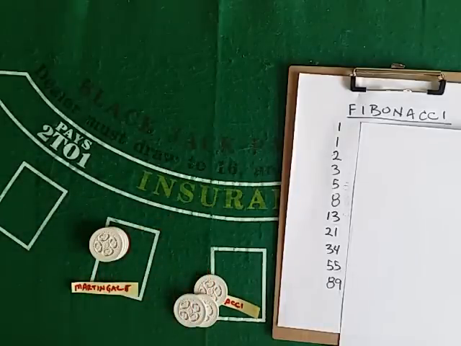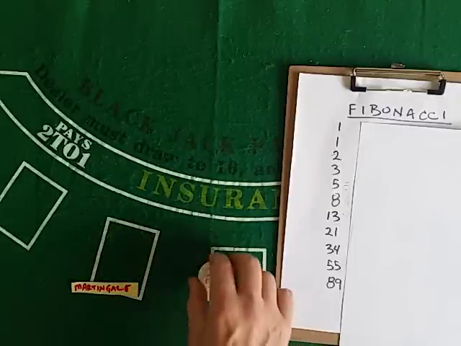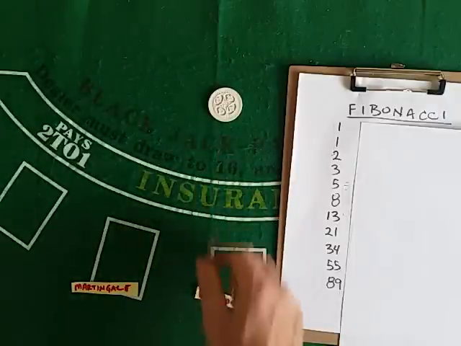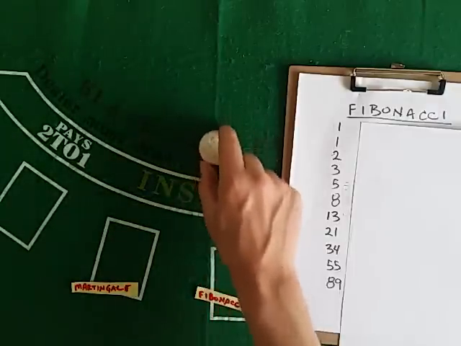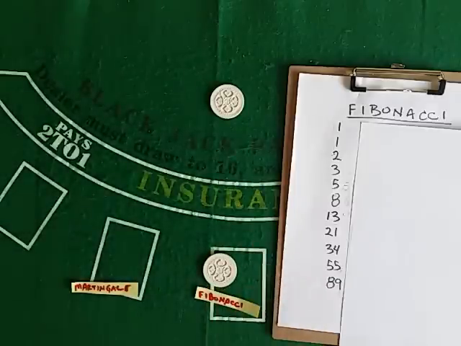Okay, now that's all well and good on an even money game or even money payouts. Now, you know, Blackjack has some special cases. Fibonacci bets 1, loses, bets another 1, and gets Blackjack.